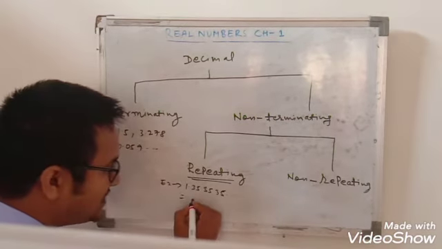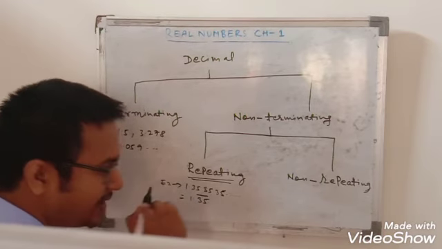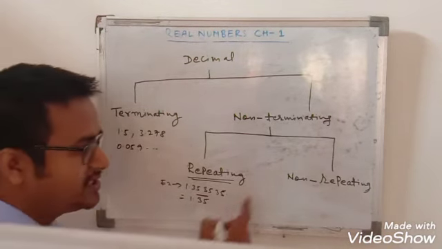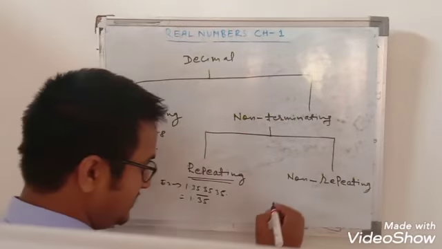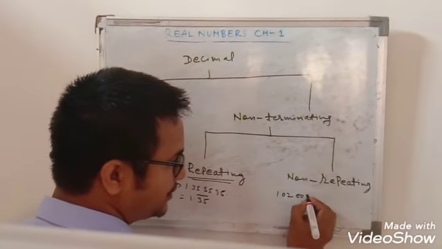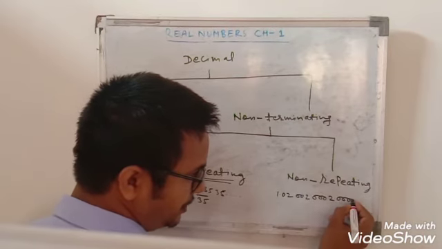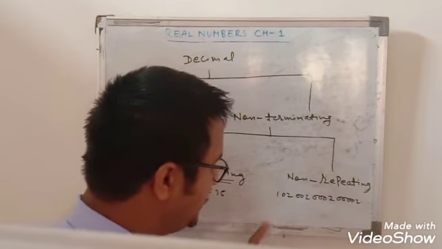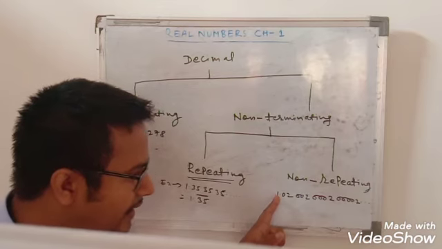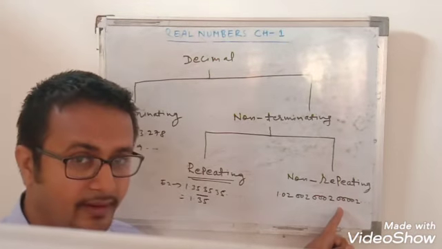We can write this as 1.35 with a bar over the repeating part. Now non-terminating non-repeating, like 1.0020004002... Now see here, the digits after the decimal do not repeat. 2 is there, but this is not repeating.